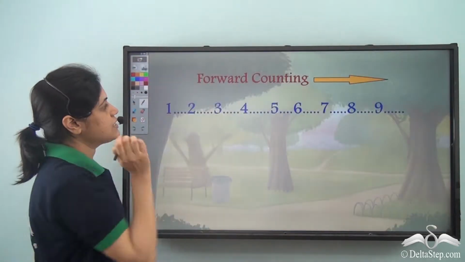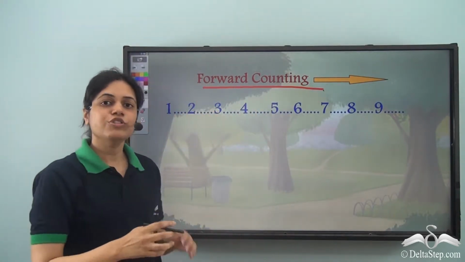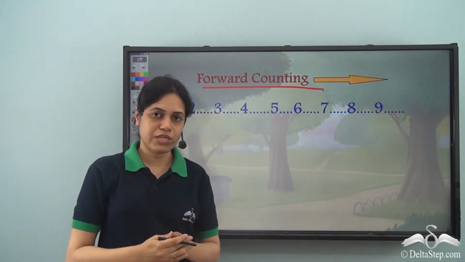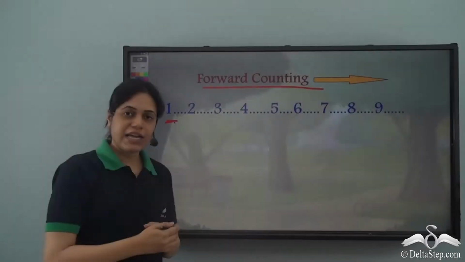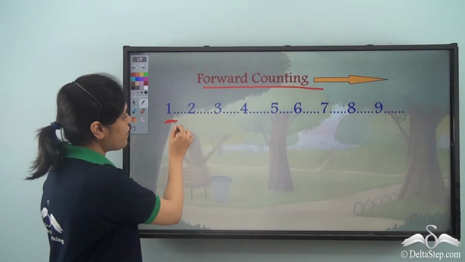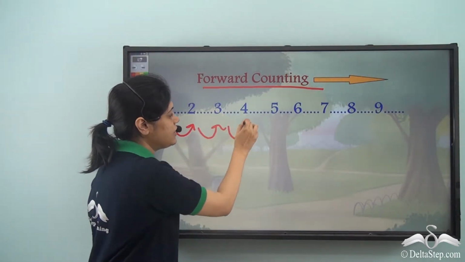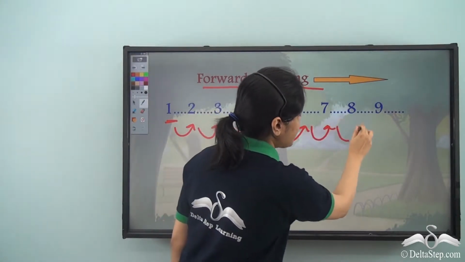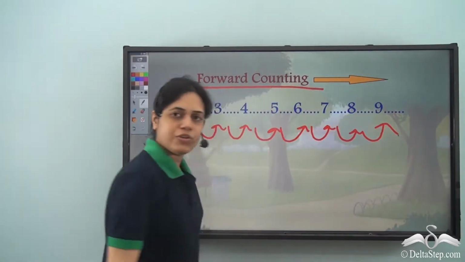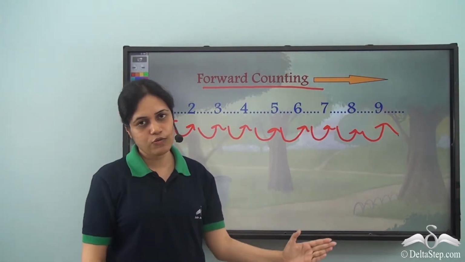And this is what is called forward counting. So forward counting is starting from a small number and moving one step forward or one step ahead to the next number, like it happened here, right? So this is called forward counting.